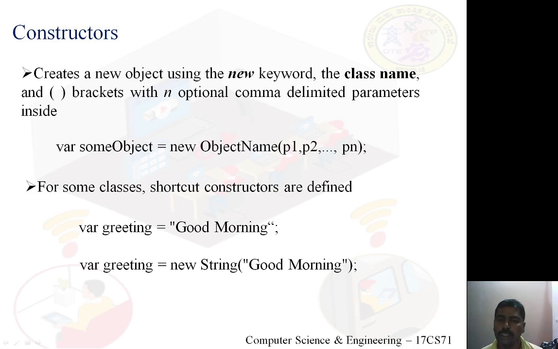As in the slide you can see, we are creating an object of class named object name, and this object is being initialized with the parameters p1, p2, pn, and the reference of this newly created object is written to a variable named some object. I mean some object is a reference to the newly created object.